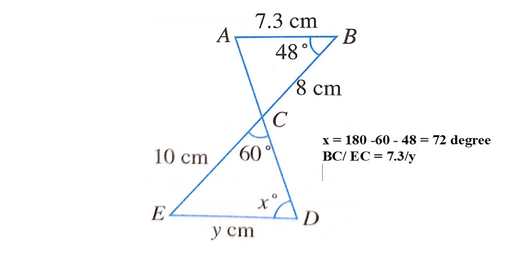BC over EC is 8 over 10, equals this one. I'm going to copy that. So at the end, again using your algebraic concept, you will have that y is 9.125 centimeter. And that's how you solve these questions.